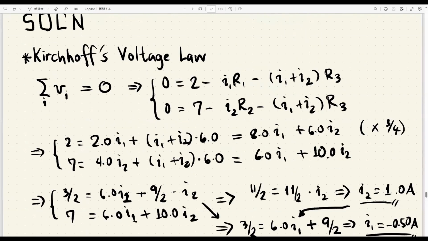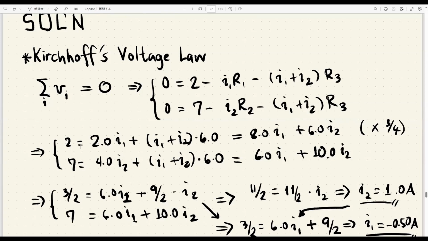So R1 here is 2, and R3 here is 6. We have I1 here, and we also have I1 here. Before we combine the 2 and the 6, let's just replace the R's first. We're going to move these negative values, negative I1 R1 minus I1 plus I2 R3, to the other side.